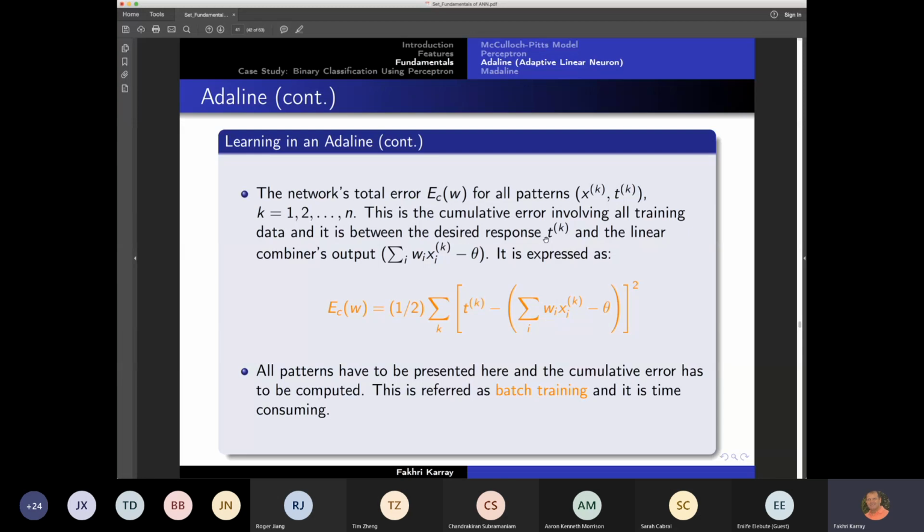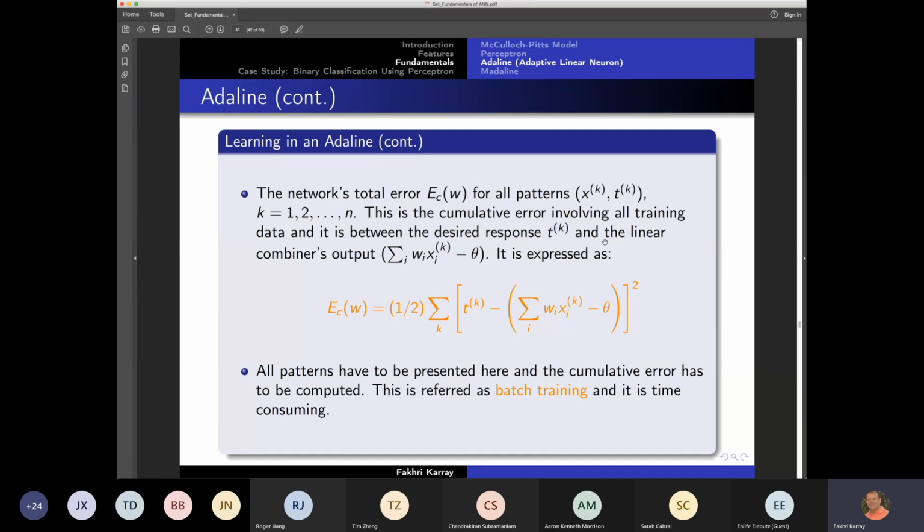So this is what we call batch learning. What we mean by batch learning is that we sum up all the training data for the system. We are going to see also online learning, which is going to be different from batch learning. We will come back to batch learning later on when we look at the multi-layer perceptron.